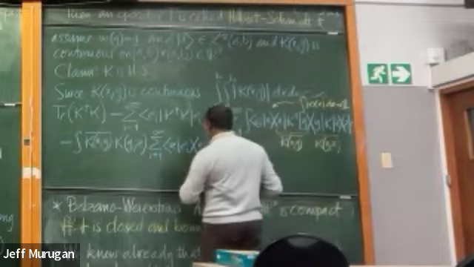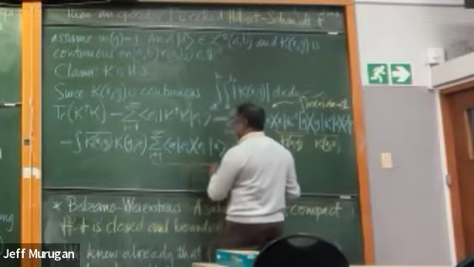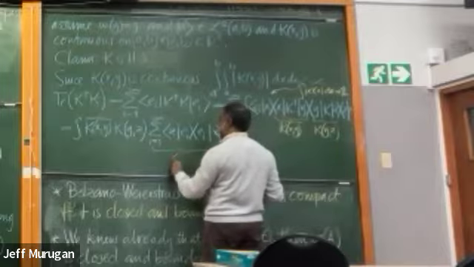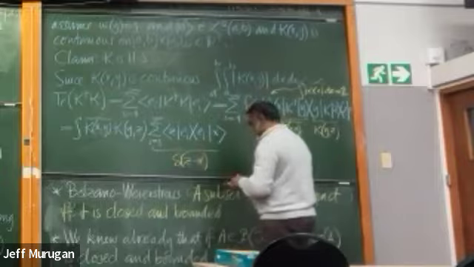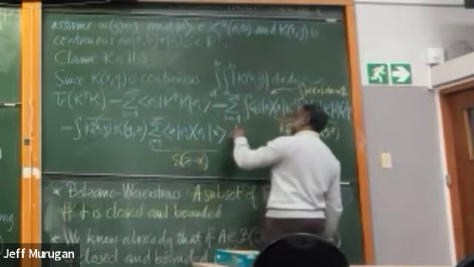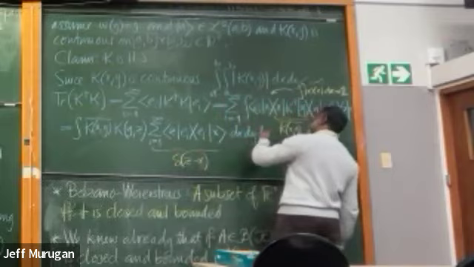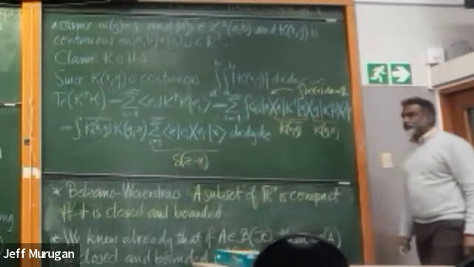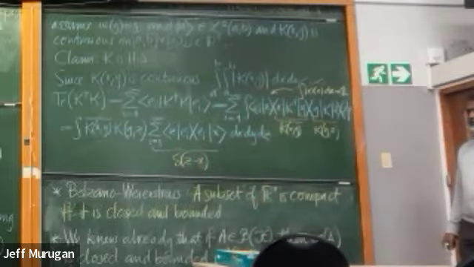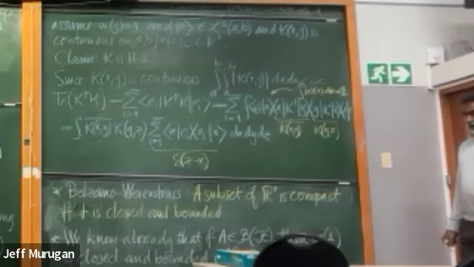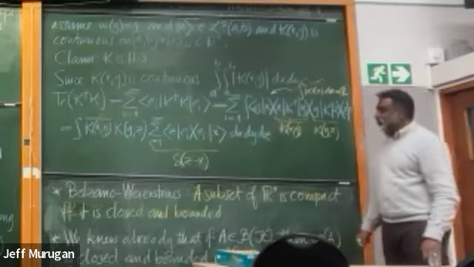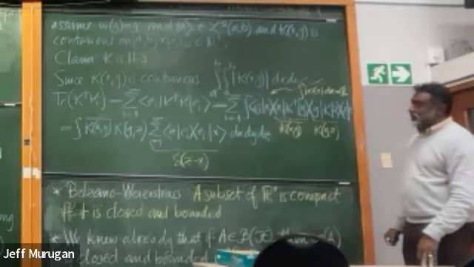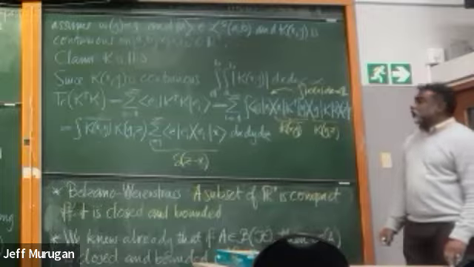This just produces for me the Dirac delta distribution, z minus x, and then I'm integrating over x, y, and z. When we discussed the Dirac delta distribution, the e_i are a complete basis.